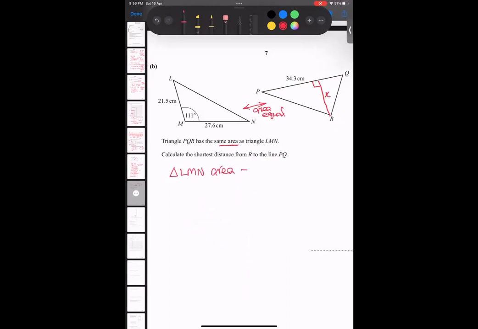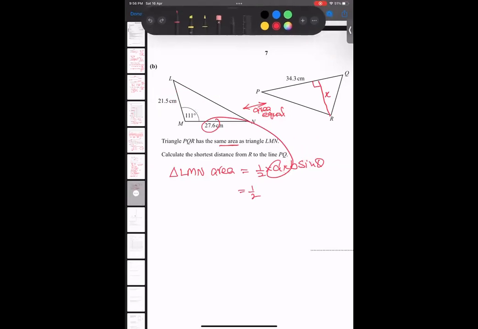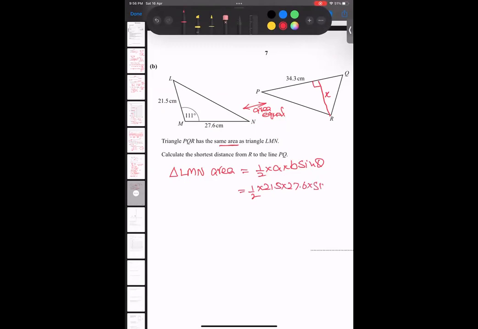Area equals half into a b sine theta, where a is one side, b is the second side, and theta is the angle in the middle of them. So it means half into 21.5, 27.6, and sine 111.